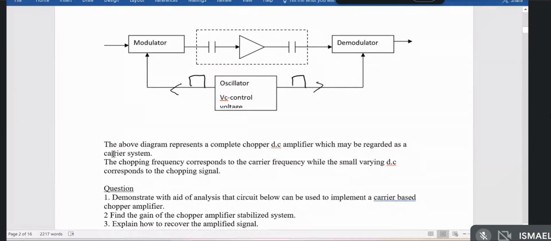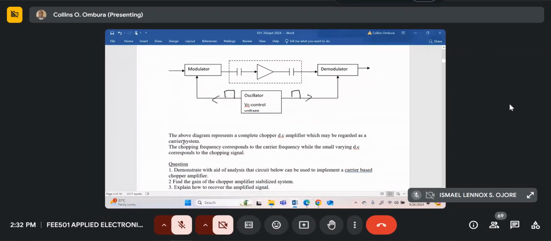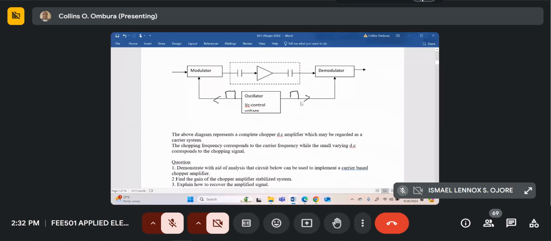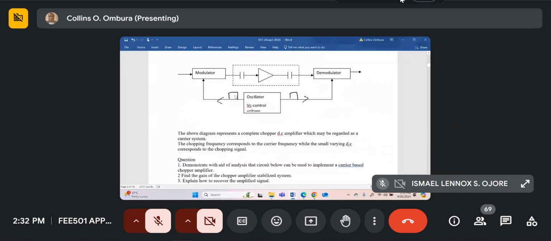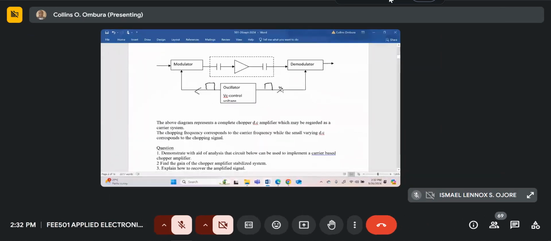Now, the term carrier is analogous to what we use in telecoms to transport information from one point to the other, normally using a sinusoidal waveform. Of course, in this case, we are using rectangular waveforms. But remember, using a Fourier transform, a rectangular waveform can be split into its harmonics, which are pure sinusoids.